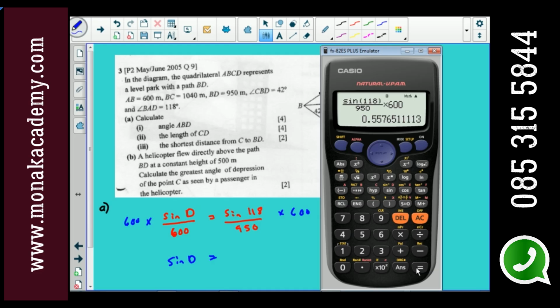We are not yet done with the answer. So far, I'm just asking, when you enter this whole right side on your calculators, like we did here, are we getting the same answer? 0.5576.